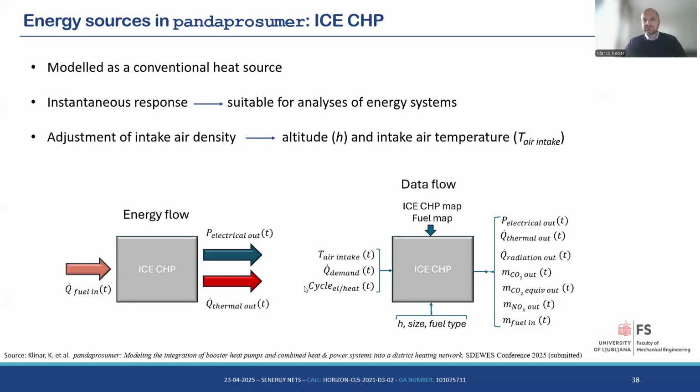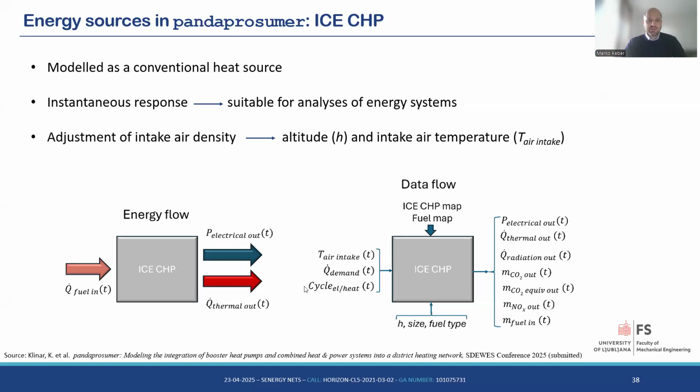It can then give out several different outputs, some of which we will use to connect to other components, as I will show before. You can see on the right-hand side that you can get the mass of the pollutants, as mentioned before, and obviously the energy flows, such as thermal, electrical, and also radiation, which can be useful for planning or designing the installation of the CHP.